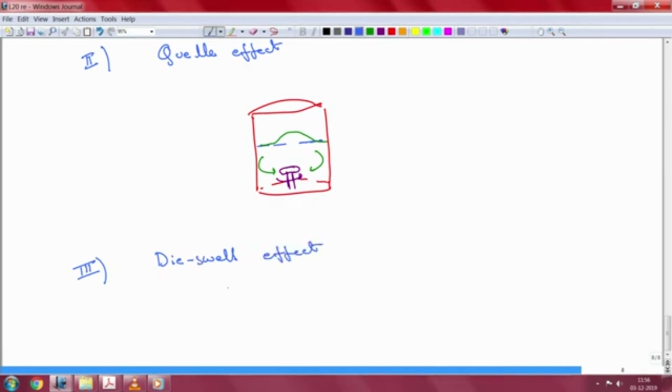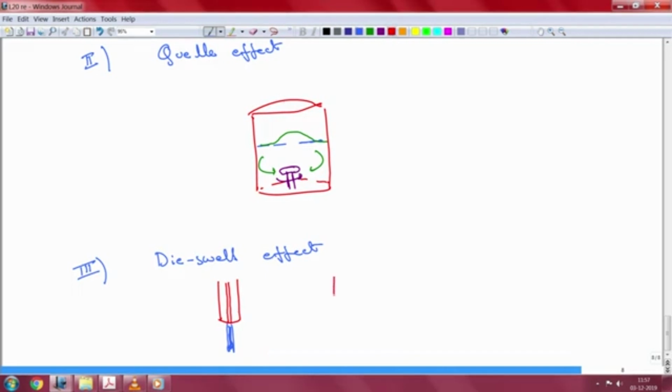In the die swell effect, let us say you have fluid coming out of a very thin pipe. If it is a Newtonian fluid, the fluid that comes out has a diameter that is almost the same as the inner diameter of the tube from which it is coming out.